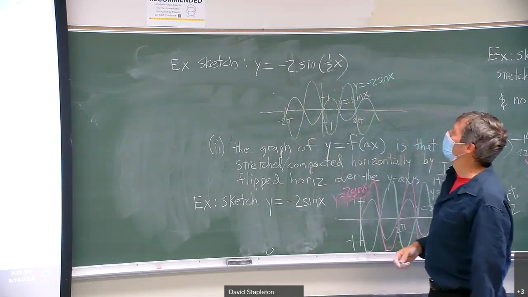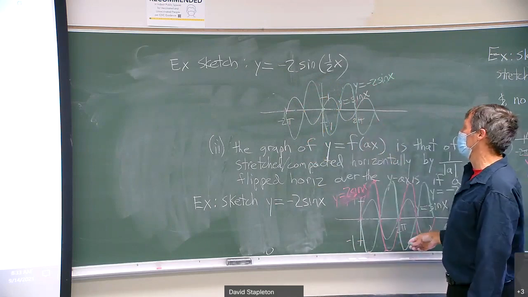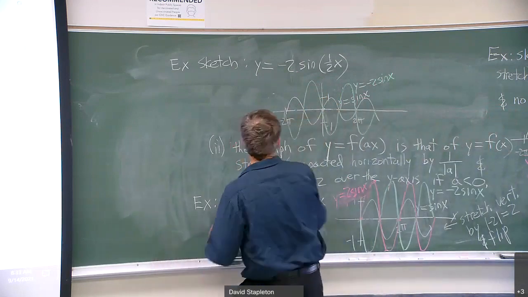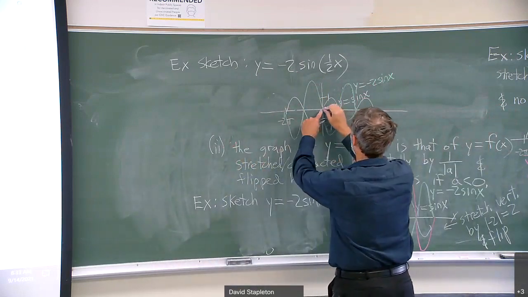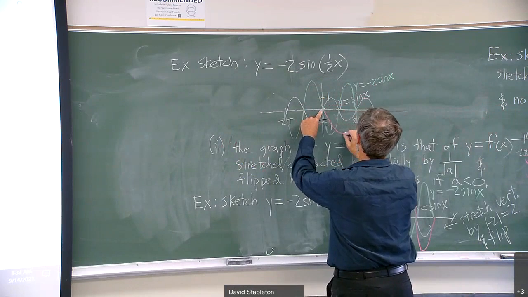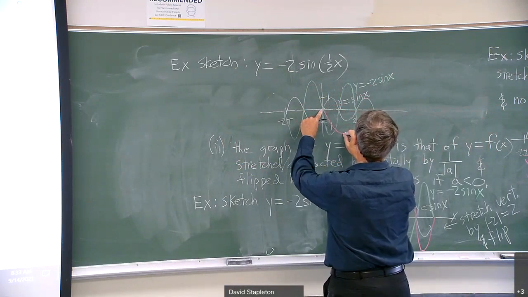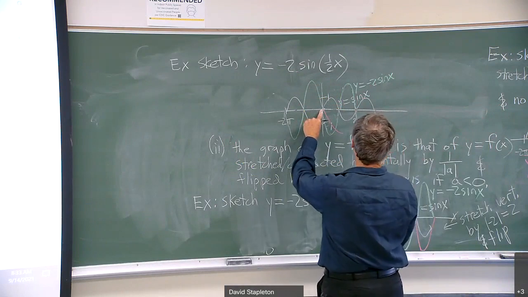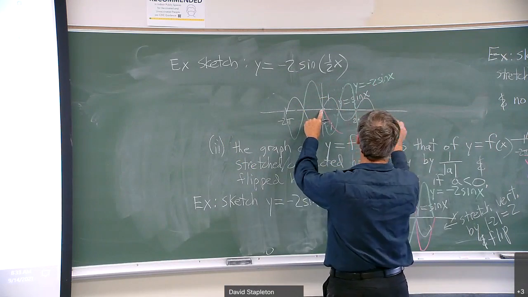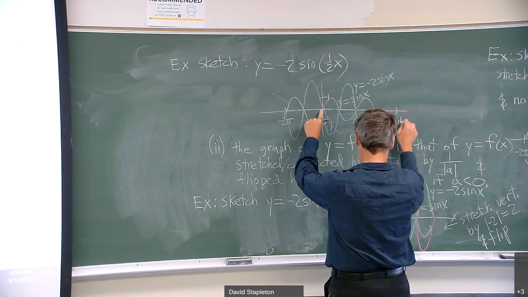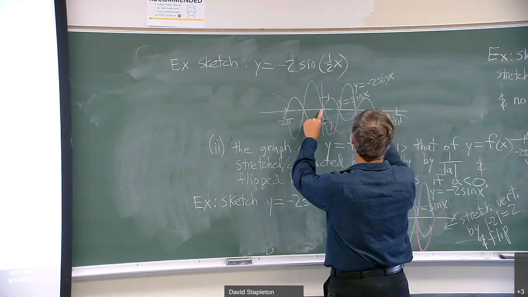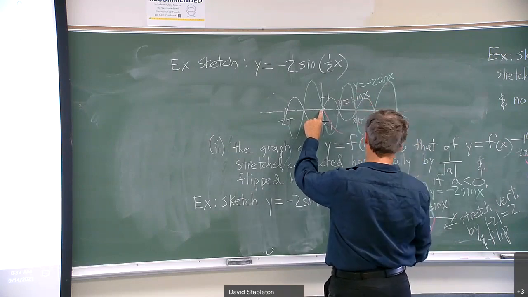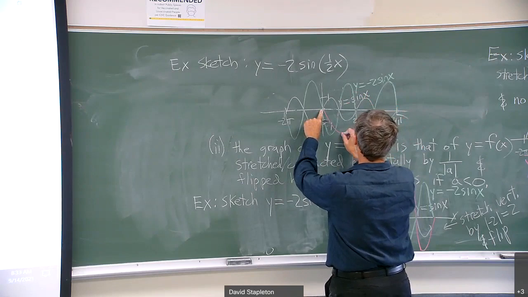Right? And then I can do the horizontal stretch by a factor of 2 and stretch it twice as far out. And all I do is I change the period from 2 pi to 4 pi. So I go down to here. Let's see, 2 pi, and then draw far enough for 4 pi. So this one completes 2 periods, and the red one will only complete 1 period.